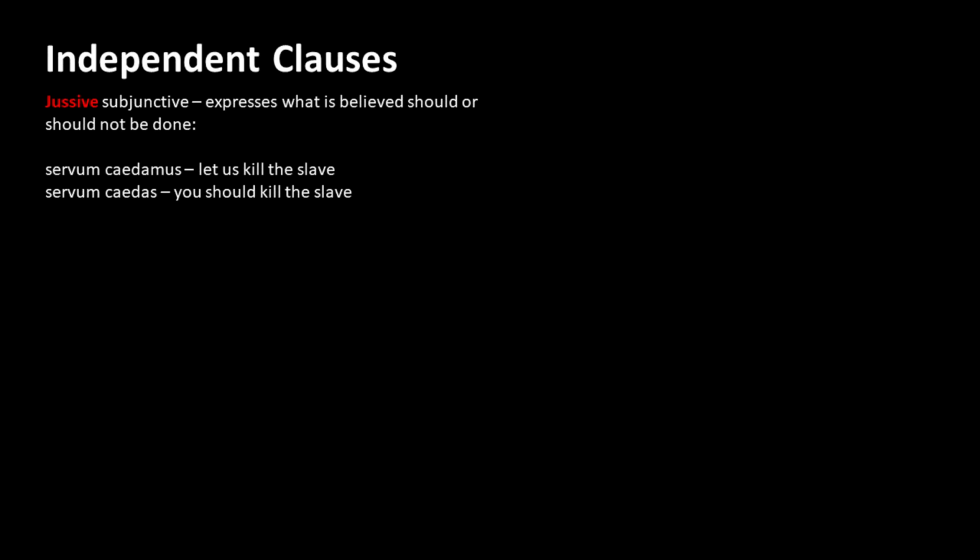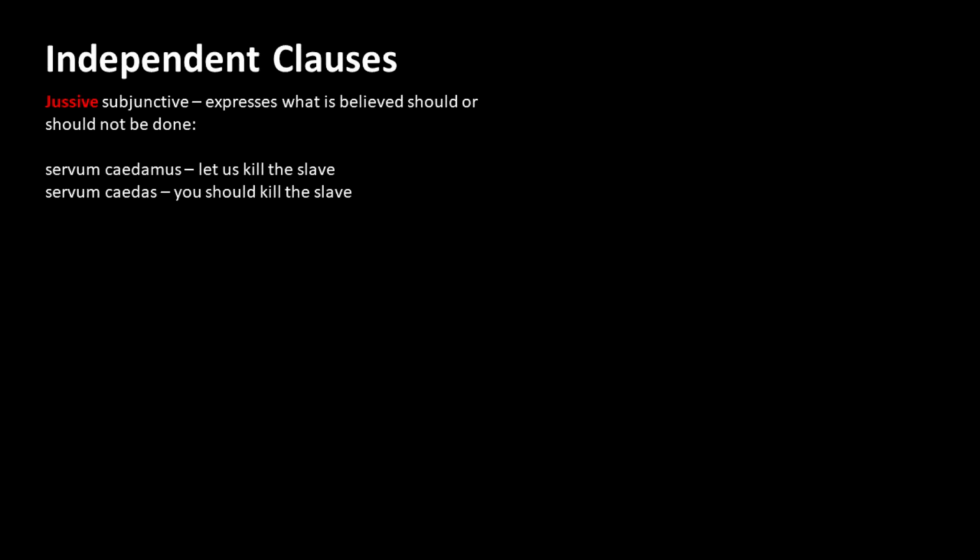The meaning is that we should do something in the future, and so where the jussive subjunctive is concerned, you often use the present tense to express a polite command for the future. Servum caedamus, let us kill the slave. Servum caedas, you should kill the slave.